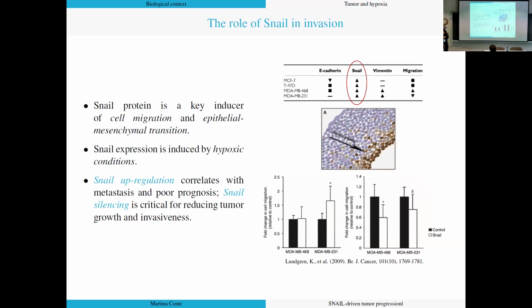When Snail is upregulated, this causes an increase in the way cells migrate, and therefore an increase in metastasis and poorer prognosis for the patient. Instead, if this gene and consequently the protein is silenced or just downregulated, we can observe a reduction in the invasiveness of the cells, so a reduction in the capability of tumor cells to invade the tissue, and therefore a more localized and confined tumor mass.